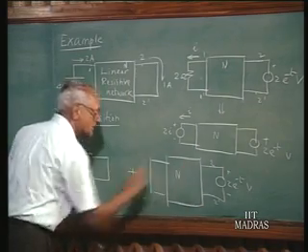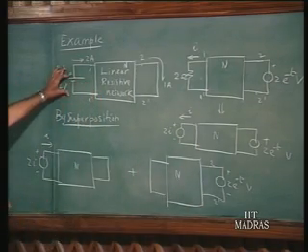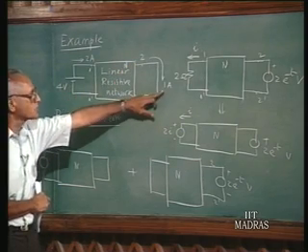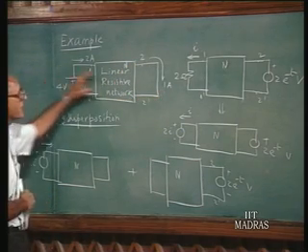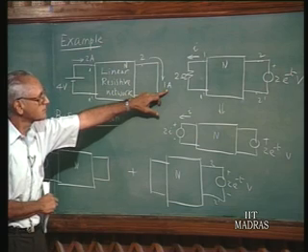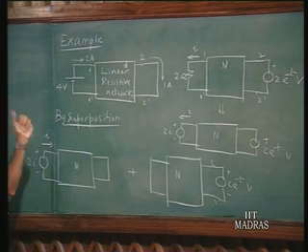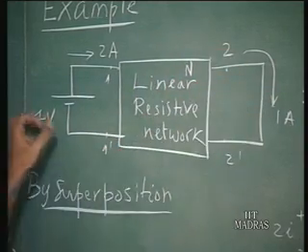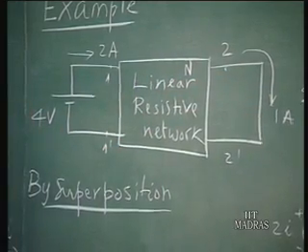Now as far as this is concerned, when you apply 4 volts here, the short circuited current in the other port is 1 ampere. So 4 volts applied here leads to 1 ampere. That means the transfer admittance here is minus 1/4. But since the current direction is in this direction, this current divided by this voltage is equal to 1/4.